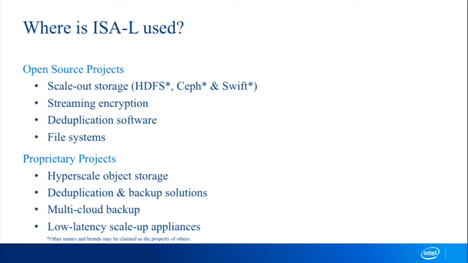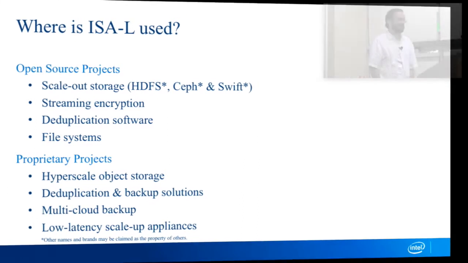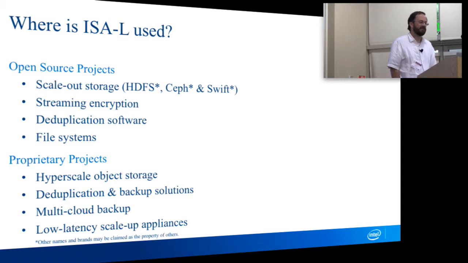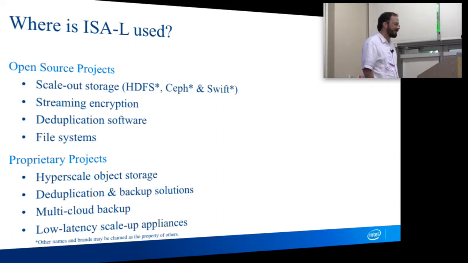So where is it used? There are actually a whole lot of integrations. Since we've gone open source, there are a lot of open source integrations, including HDFS, Ceph, Swift, and many other open source projects. I hear about new ones every week, really.